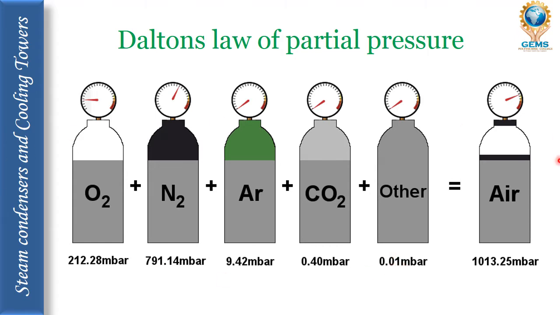According to Dalton's law of partial pressure, when this full cylinder comprises a mixture of these gases, the final pressure will be equal to 1013.25 millibar. This is the actual pressure of the air, and these are the actual compositions present in the air.